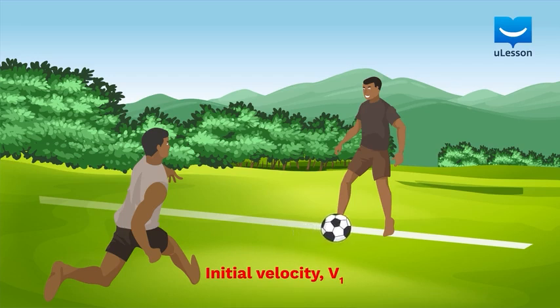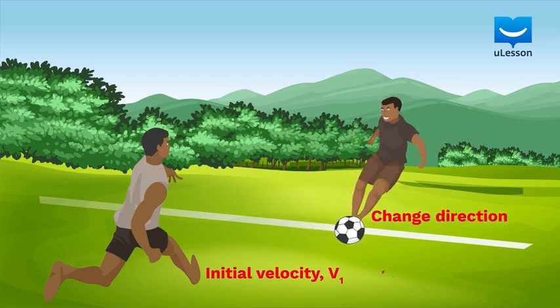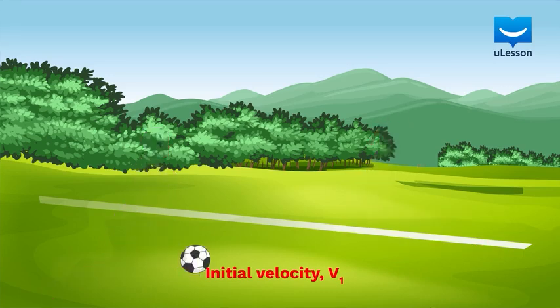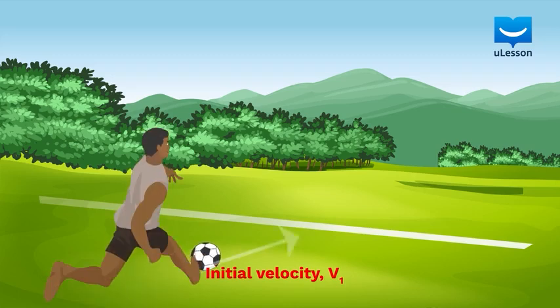But if my friend Adi kicks it from the side, then he has also applied a force in that direction, and the direction of movement will change. And this force can also change the velocity of the ball. From this illustration, we can say the ball would have continued in a straight direction and velocity if Adi had not applied an external force in the other direction.